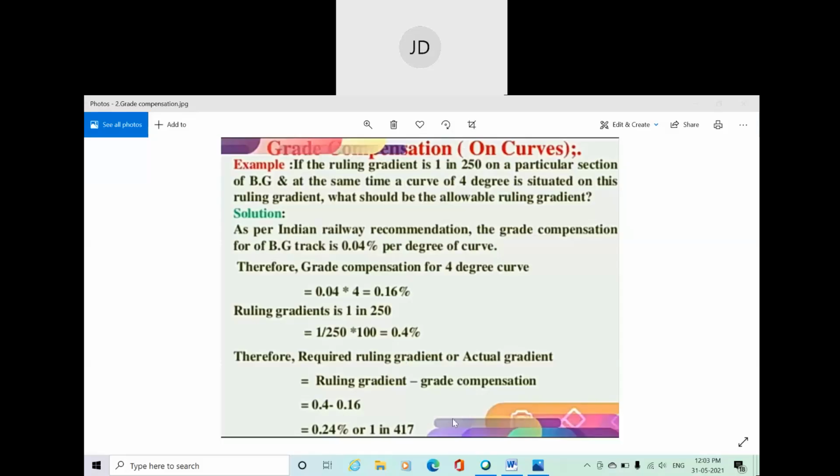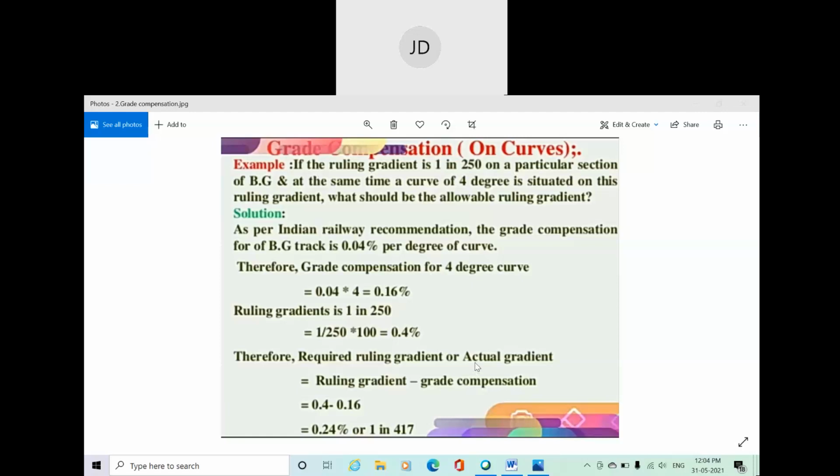Again, I have to go to the screen, wait. Basically, how is a gradient represented?